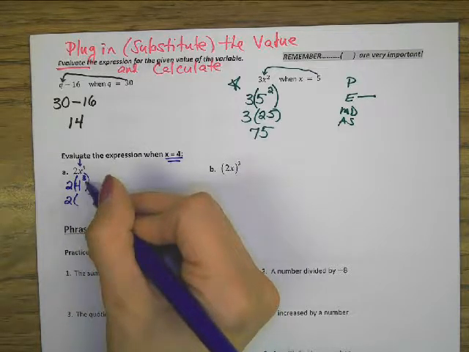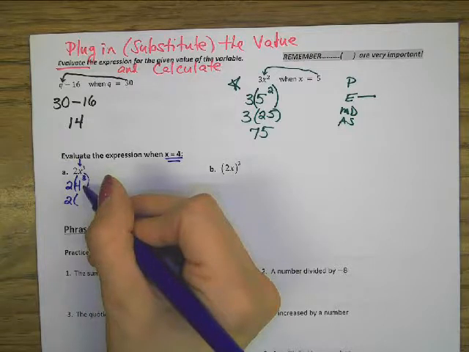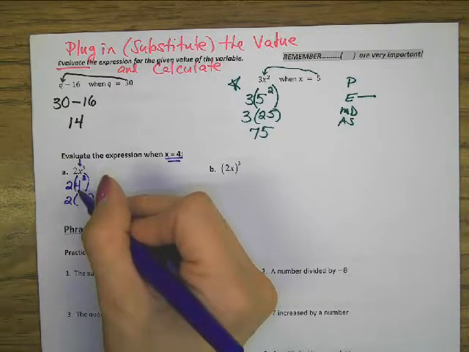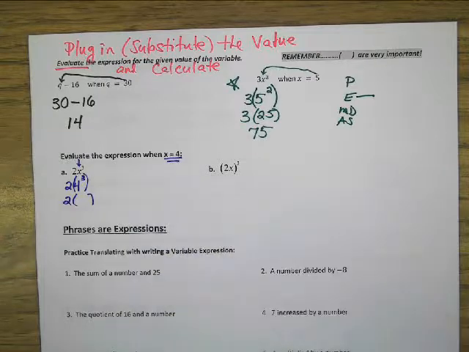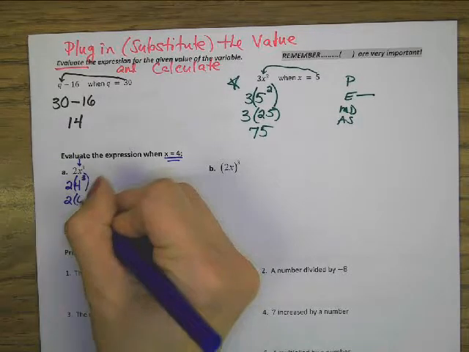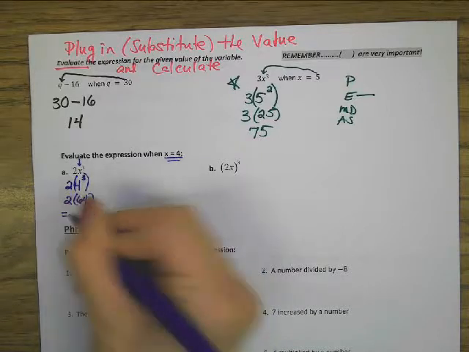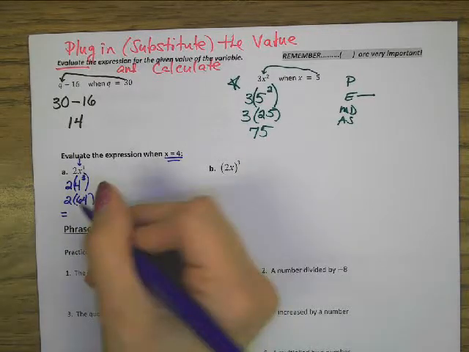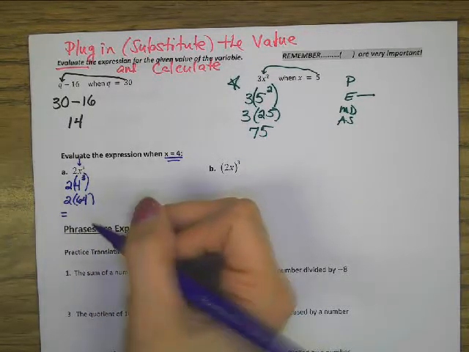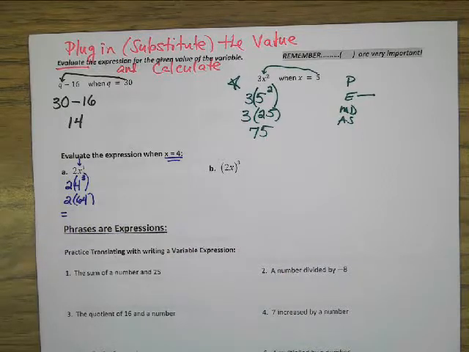Go ahead, use your calculator. And that's 64. Good. Okay, and then you have to do 2 times 64. Please calculate that. And that comes out to be 128.